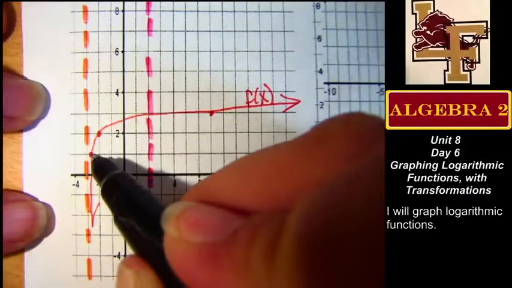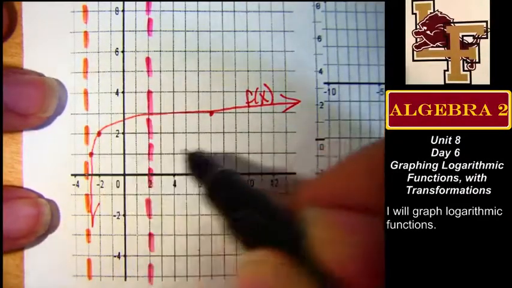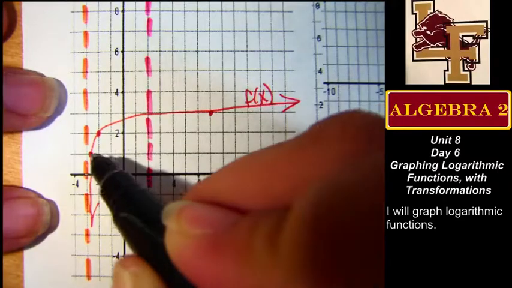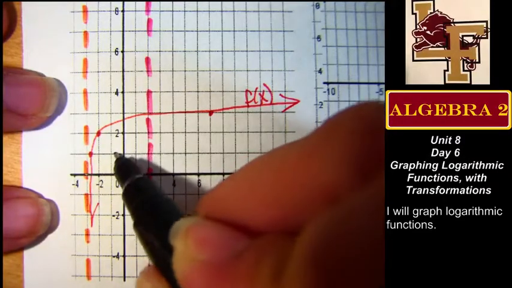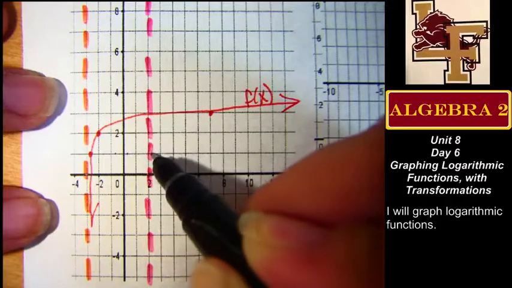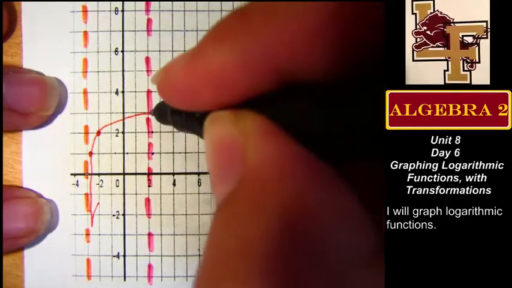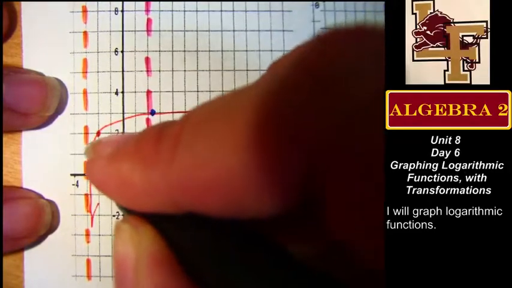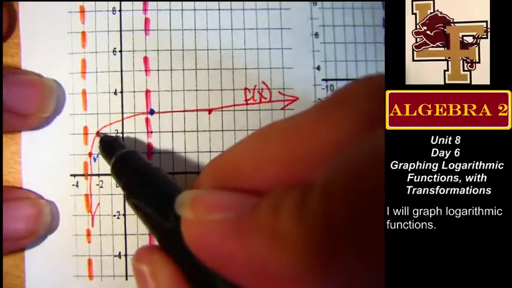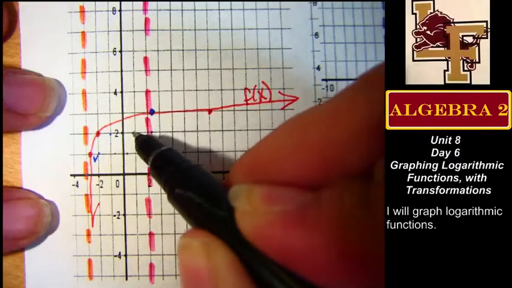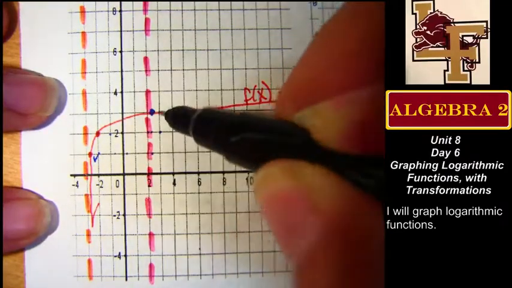All right, so grabbing this point, I'm going to shove it 5 units this way. So 1, 2, 3, 4, 5, and then 2 up. 1, 2. I did this one. Okay, this point. 1, 2, 3, 4, 5. 1, 2.